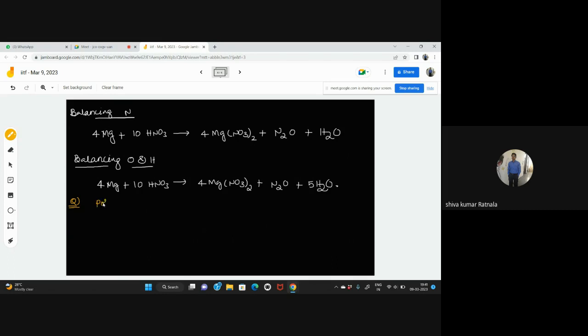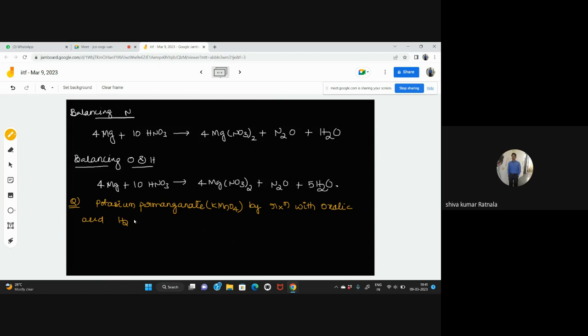Potassium permanganate, KMnO4, by reaction with oxalic acid.